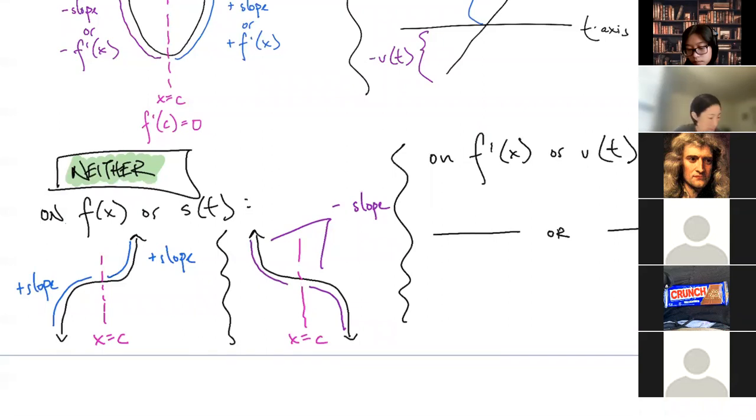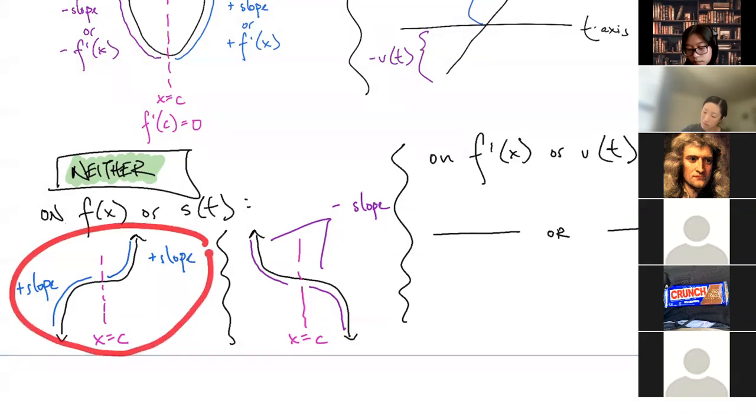So we'll draw a couple options, but what might something that has a positive slope to a zero slope to a positive slope? Let me say that again, but replace the word slope with derivative. Positive derivative to zero derivative to positive derivative.